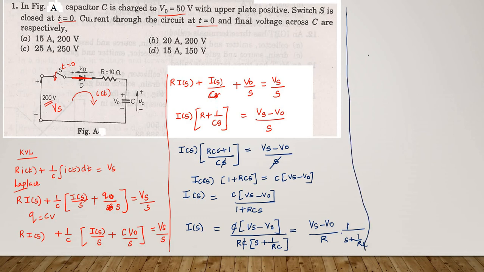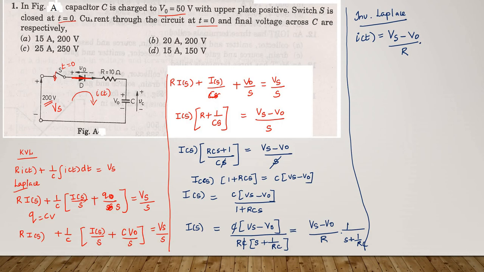Next, I have to apply the inverse Laplace transformation to find out i(t). So i(t) is equal to, let's write the constant, Vs minus V0 divided by R into 1 by s plus 1 by RC.